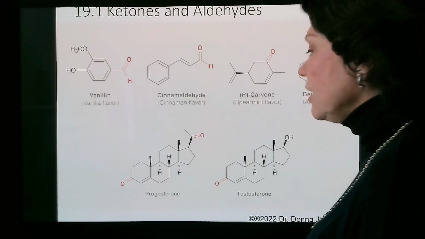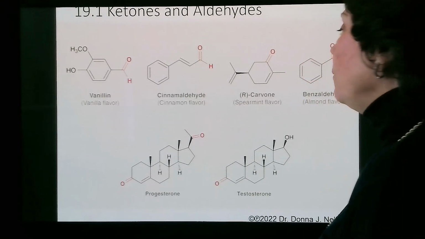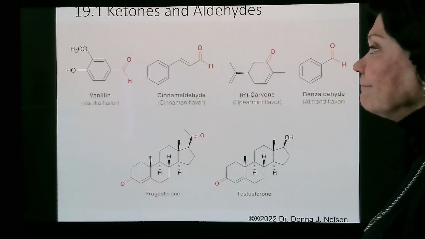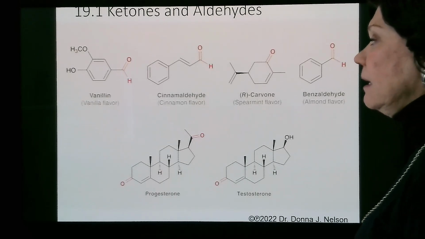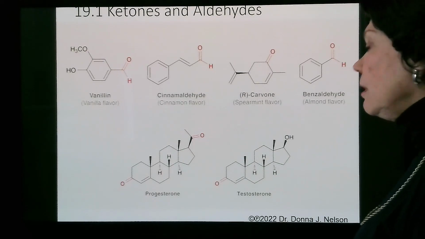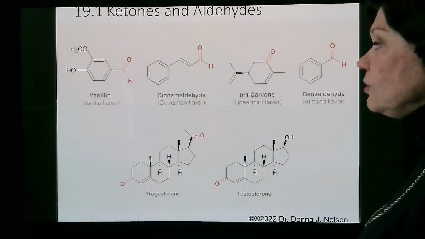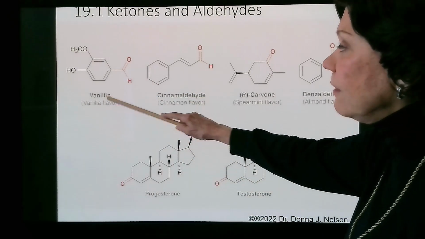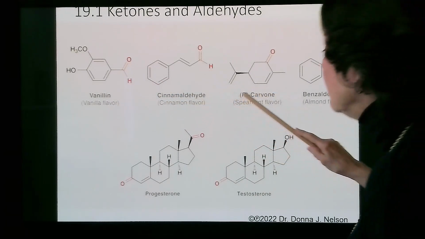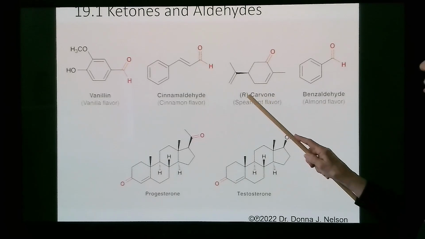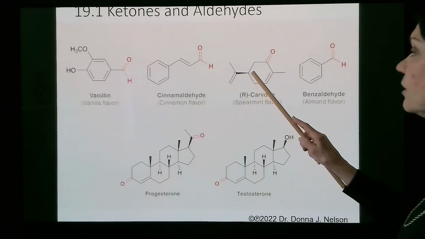Here are some common ketones and aldehydes that you may encounter as you go through your chemistry courses. So here is vanillin, cinnamaldehyde, carvone. Notice this is one of the optical isomers.